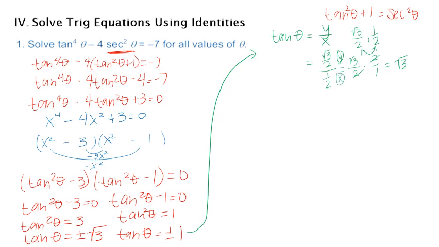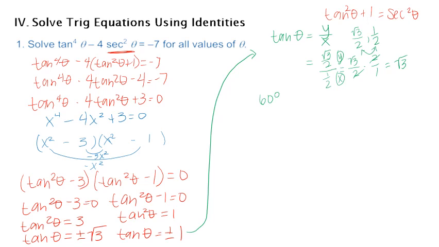So I'm going to go ahead and pull up my unit circle, and I'm going to look at it and say, okay, where is y √3 over 2, and where is x 1/2? Well, that happens first at 60 degrees.